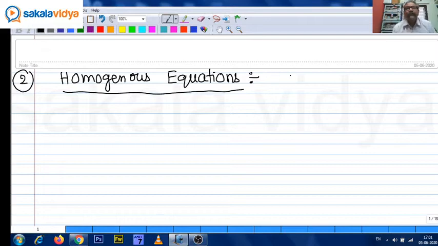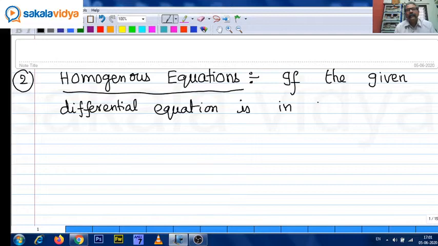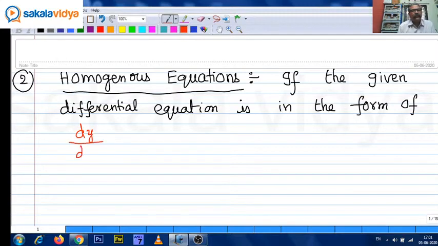Homogeneous equation means if the given differential equation is in the form of dy by dx equals f of x comma y upon g of x comma y, both are functions of x comma y.